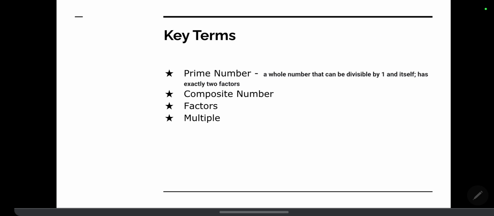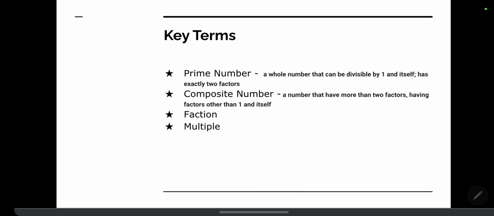Key part here, it has exactly two factors. Continuing on here, a composite number is a number that has more than two factors, so it has factors other than 1 and itself.